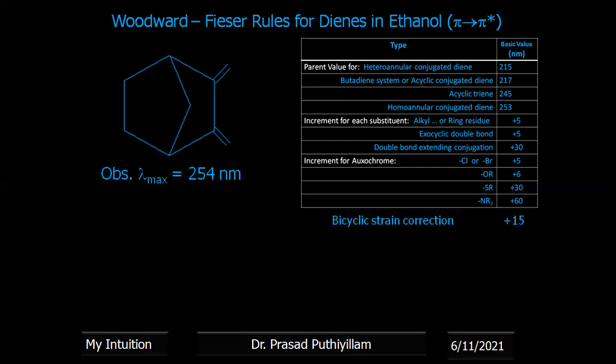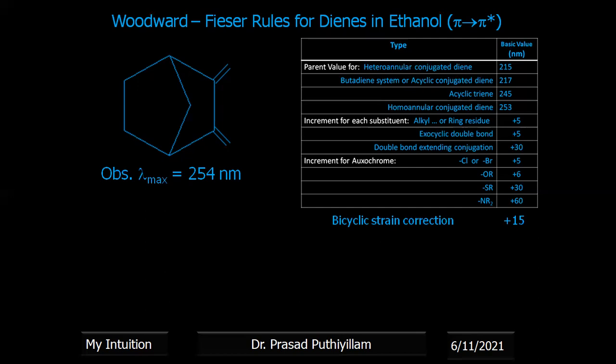In the case of bicyclic, it causes some strain in the molecule. And for bicyclic strain correction, we need to add 15 to whatever the initial value given in the table. In addition to that, a plus 15 we have to consider if one bicyclic is there. If more than one bicyclic structure is there, we keep on adding 15.